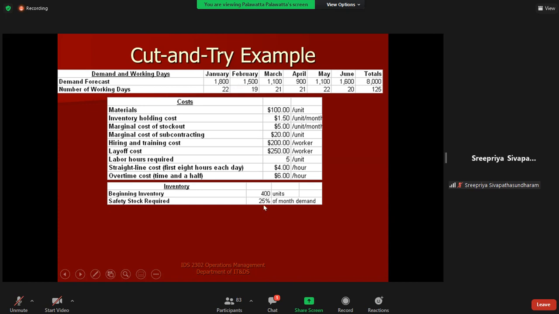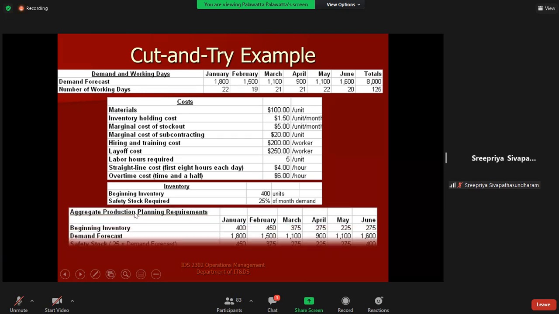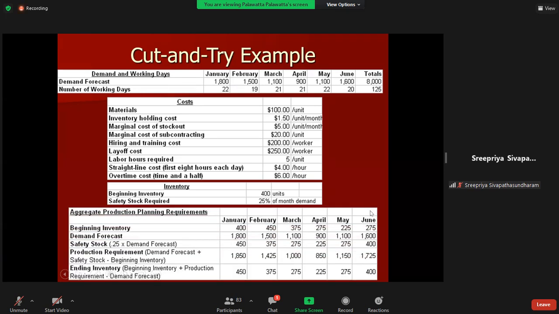Inventory, you have beginning inventory 400 units. Safety stock required is 25% of the month demand. So then aggregate production planning requirements. First thing is, we have to prepare the requirement schedule. So you have beginning inventory 400, and then demand forecast 1,800.